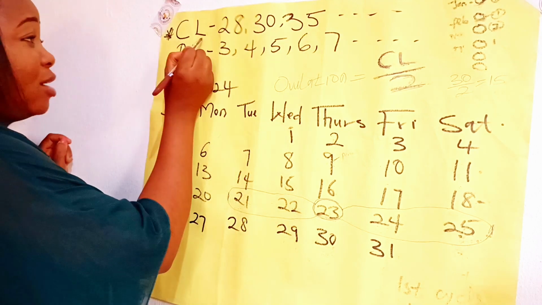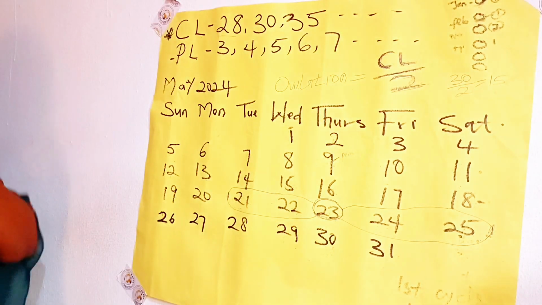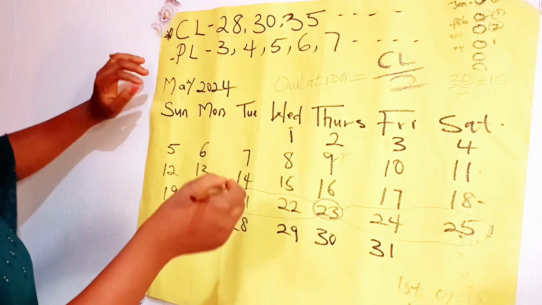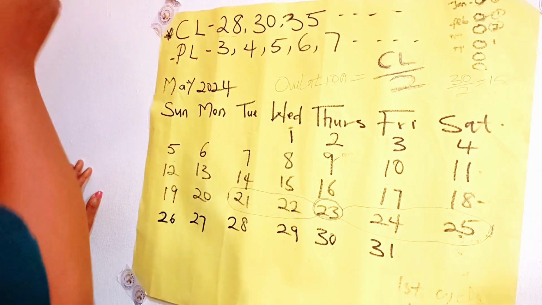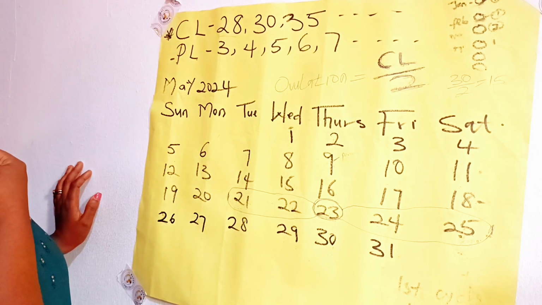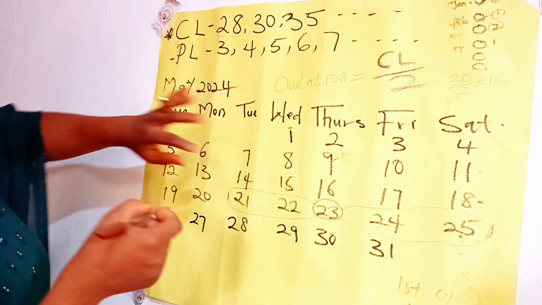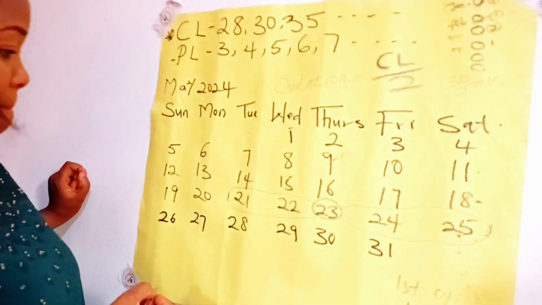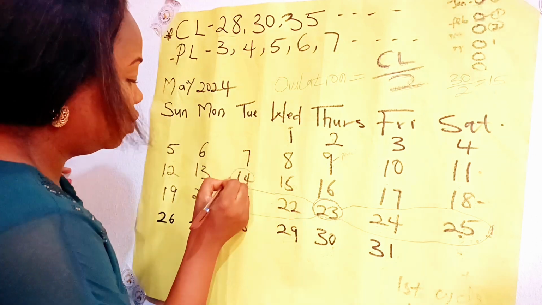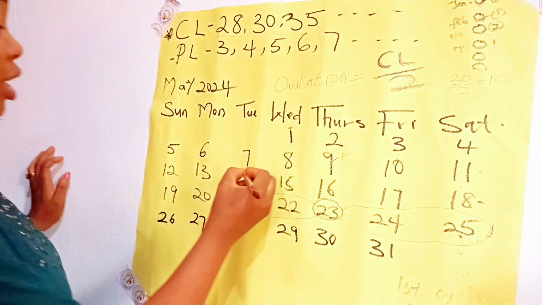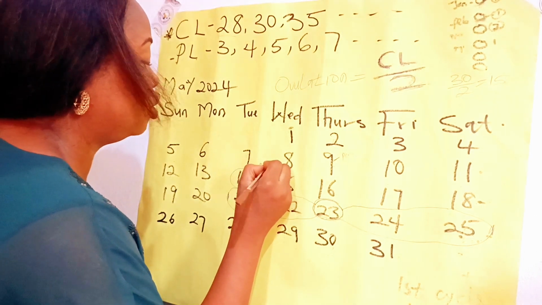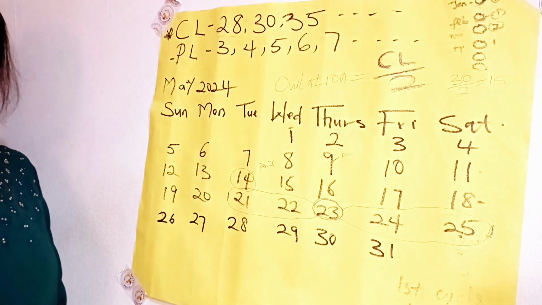Somebody who has a cycle length of 28 days, and let's assume you saw your period on the 14th of May.